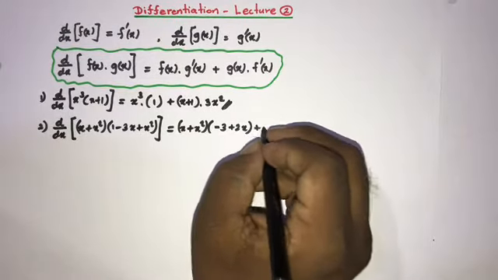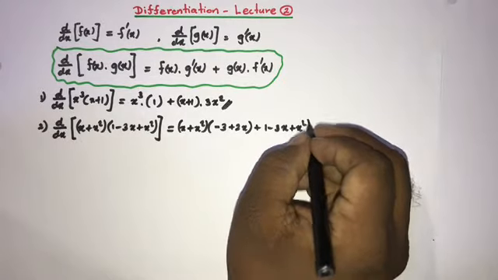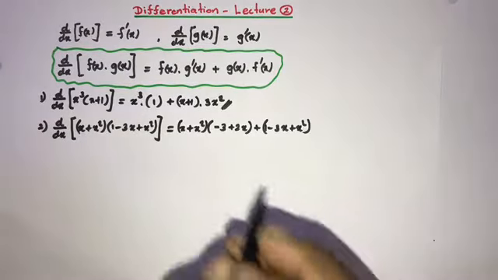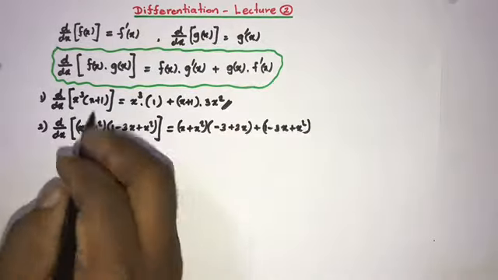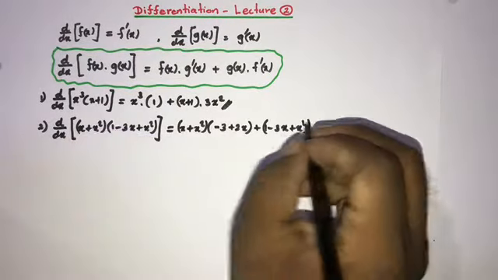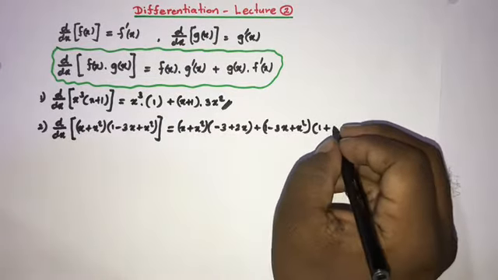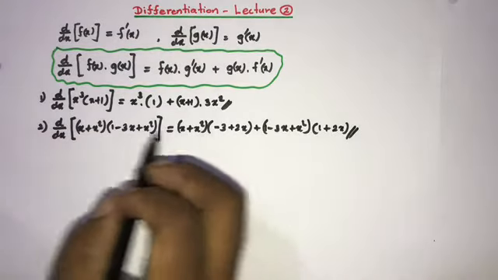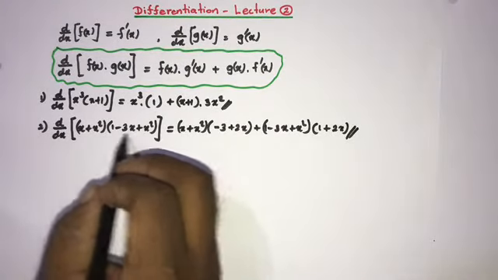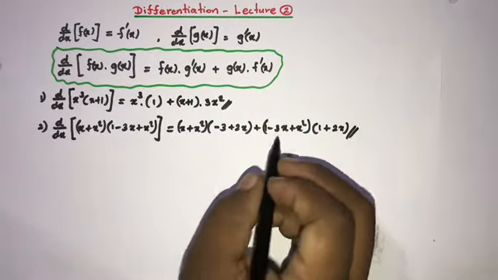Okay, then rewrite the second function, so 1 minus 3 times x plus x square, and then here the derivative of the first function, we know the derivative of x is equal to 1, plus according to the power rule the derivative of x square is 2 times x. Okay, this is the derivative of this product of two functions. So if you want, you can simplify this. Okay, this is the derivative.